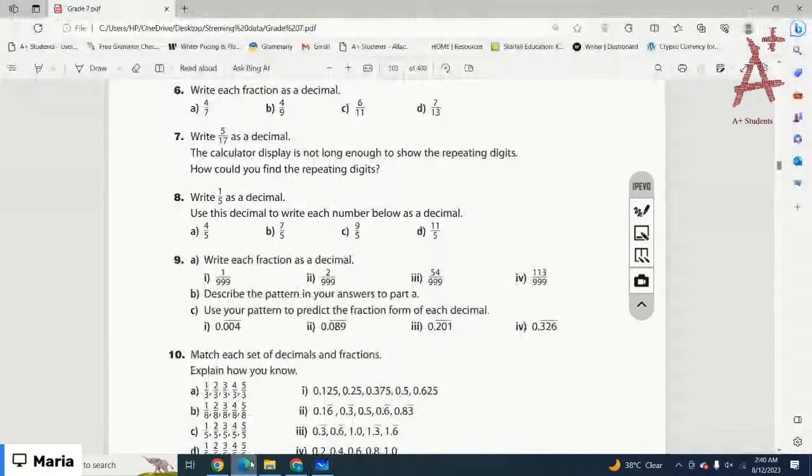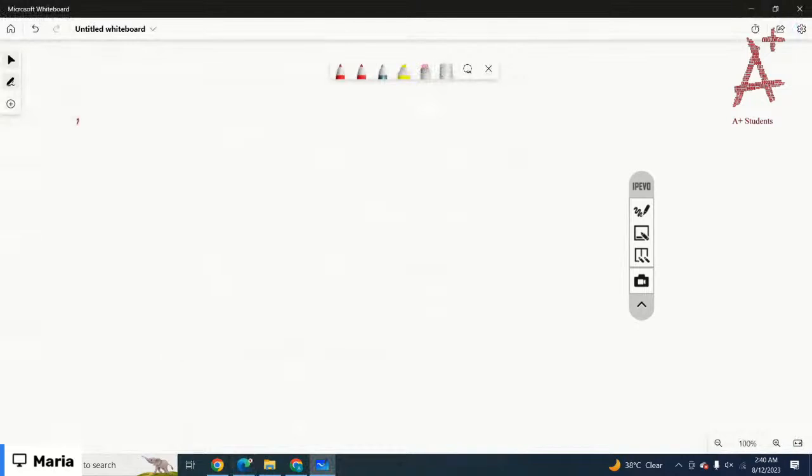Use this decimal to write each number below as a decimal. Okay, start with 4 by 5. 5 times 8 is 40. That equals 0.8, right?